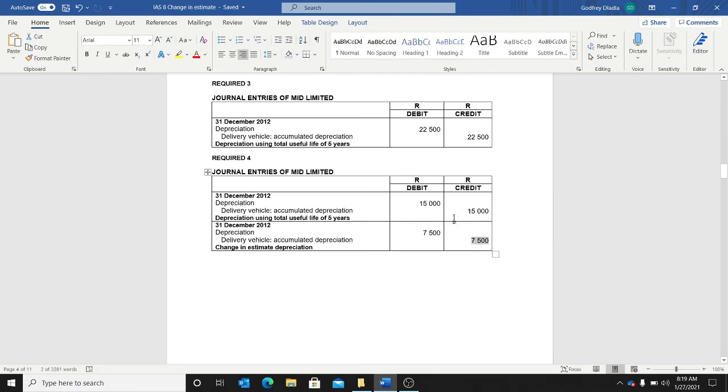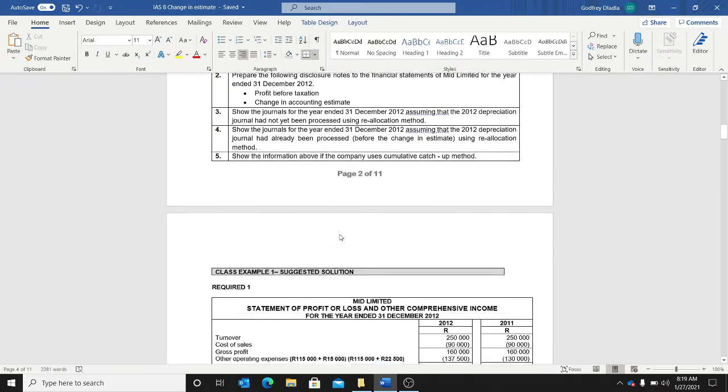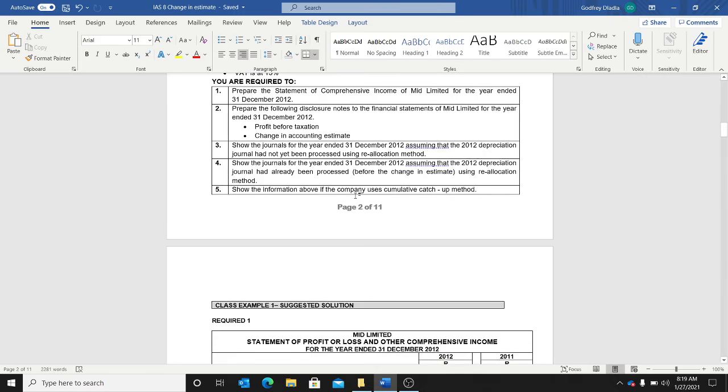So automatically you are showing both entries, the one that has been processed in the first journal entry and the one that you need to add also. Which for me, I believe this required should have been worded in a different way. And why would you show the first journal entry if you are saying already it's processed? But I think for completeness' sake, they are showing you how they will be split if you process them one by one. You process the original first and then you process the shortfall.